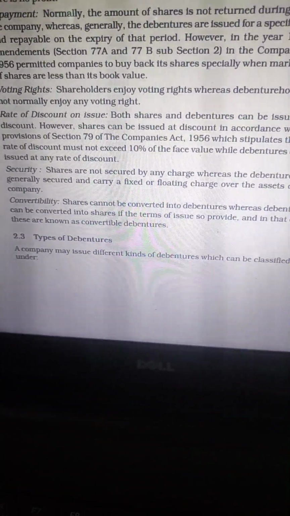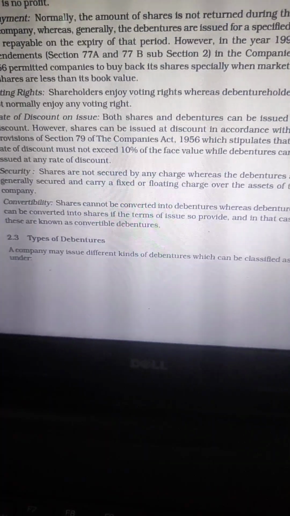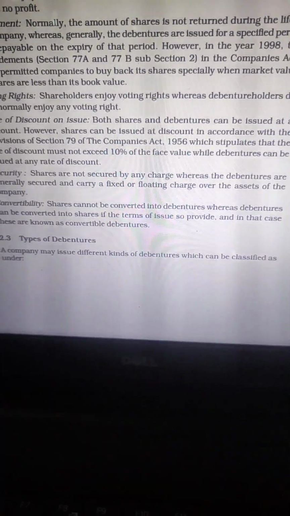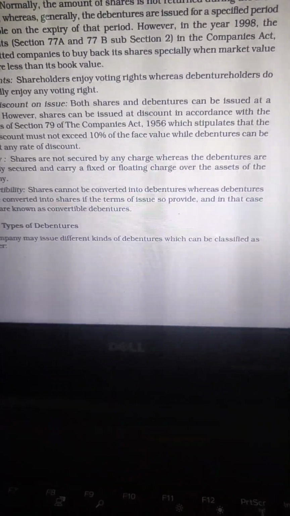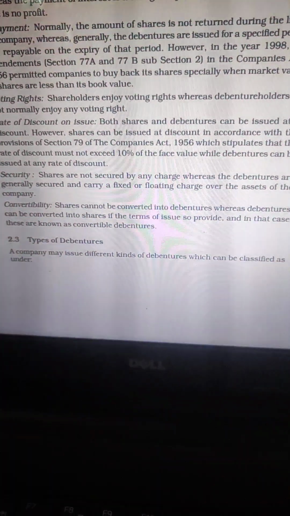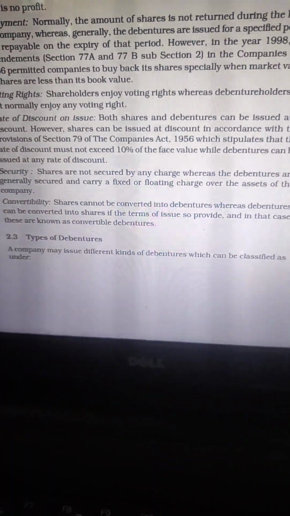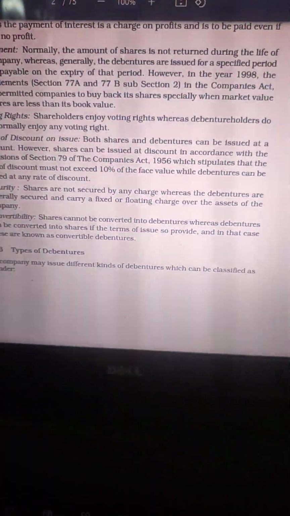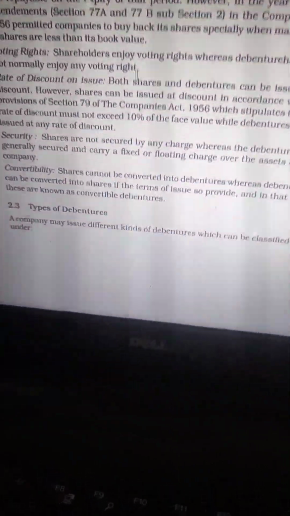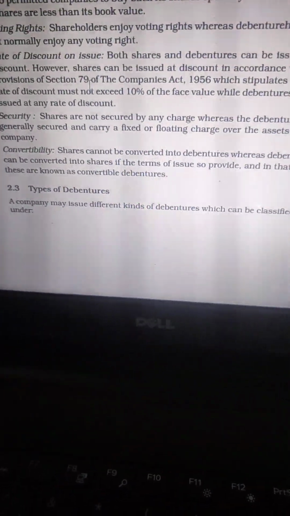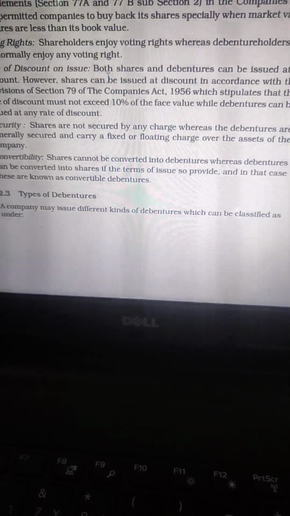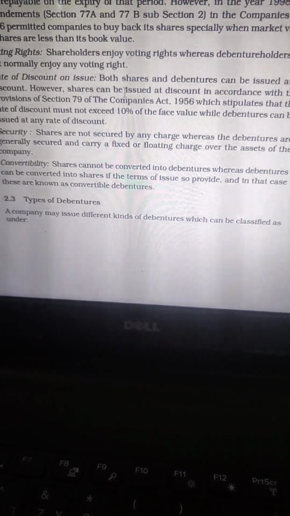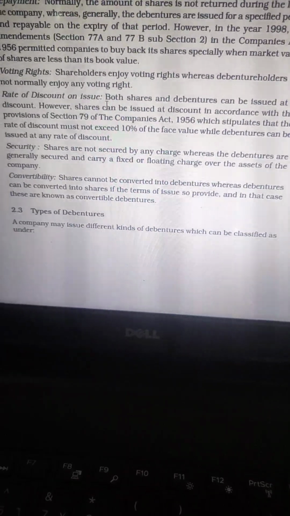Voting rights: shareholders enjoy voting rights, whereas debenture holders do not normally enjoy any voting right. Then the right of discount on issue. Both shares and debentures can be issued at a discount. In the case of shares, if the value of a share is 100, it can be issued at a discount, at rupees 80 per share.